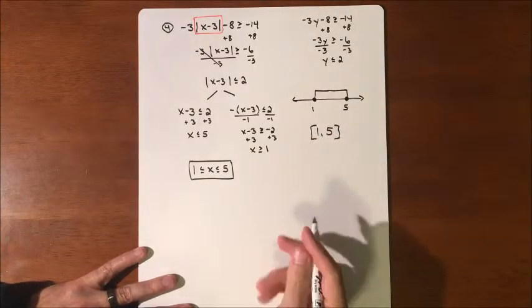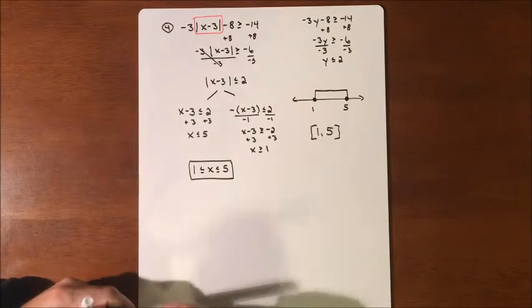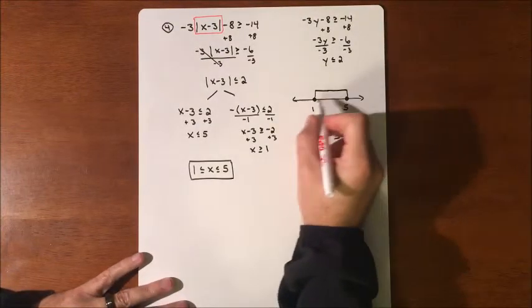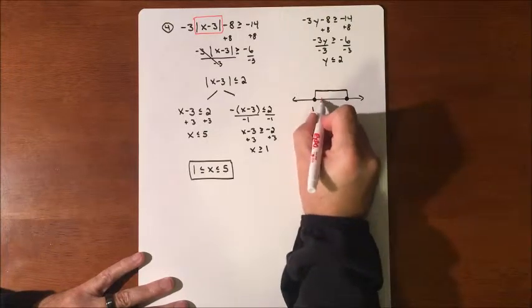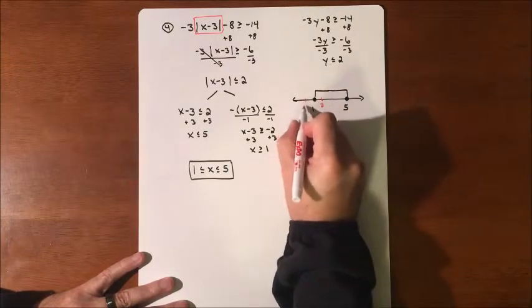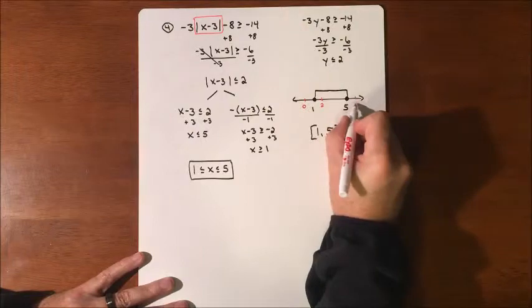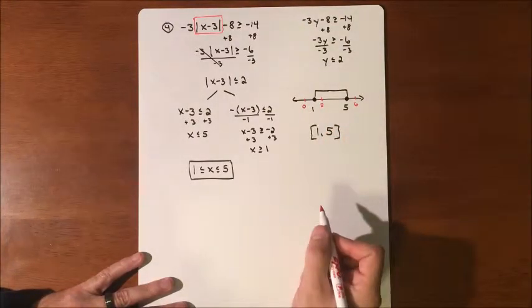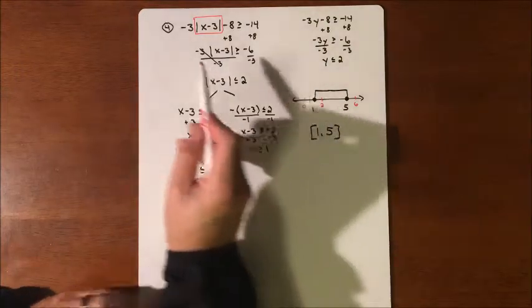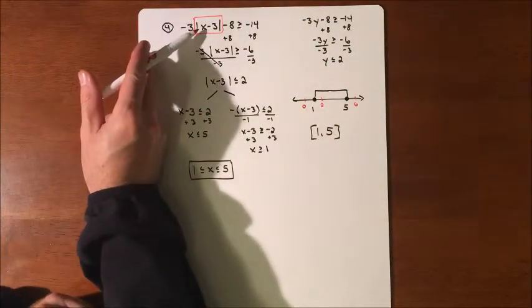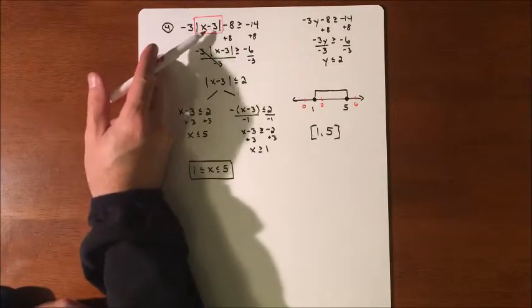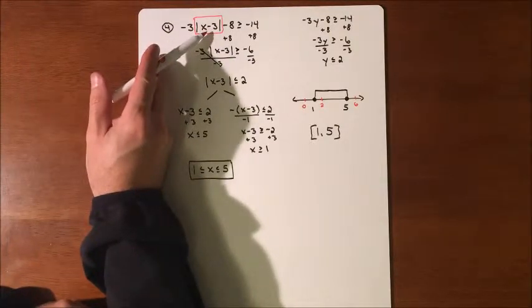And if you ever get an answer and you want to double check, you can always plug values in and make sure stuff works. So values between 1 and 5, like a 2, should work. A 0 should not work, and a 6 should not work. So you can always plug those values in and see. If you plug a 0 into this, you'd have a 0 minus 3 is negative 3. The absolute value of negative 3 is positive 3.